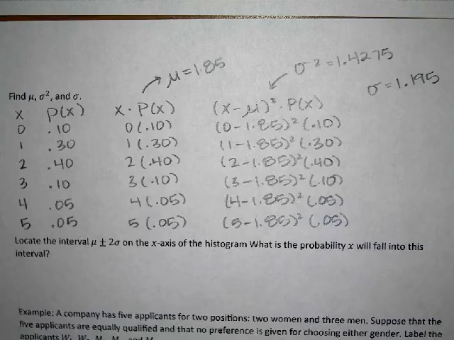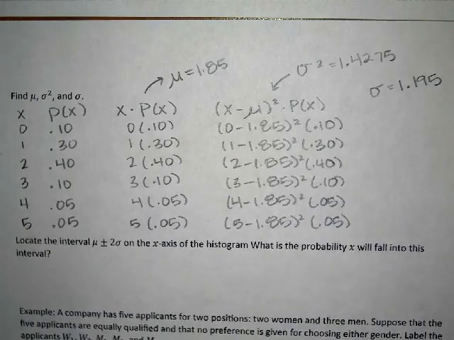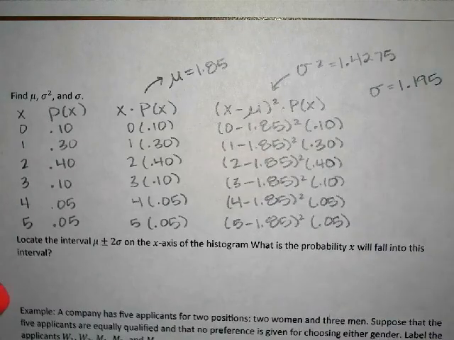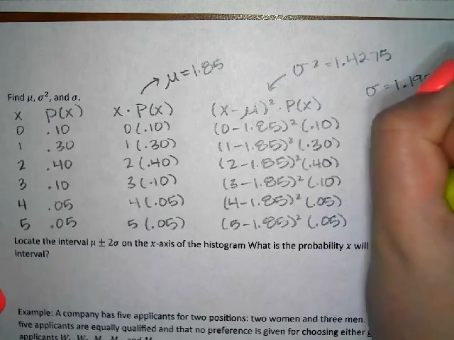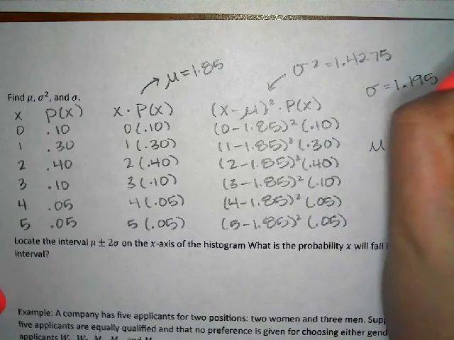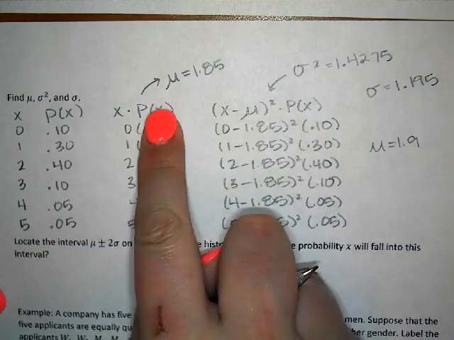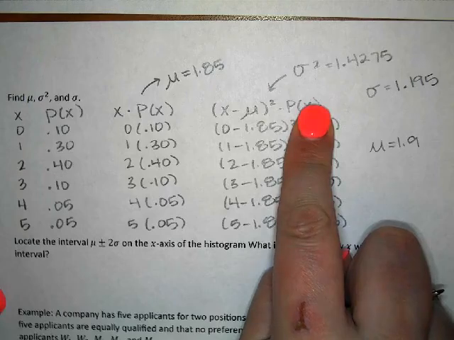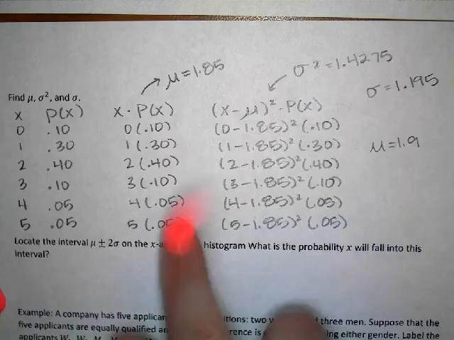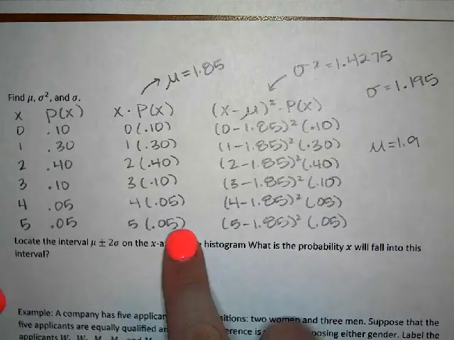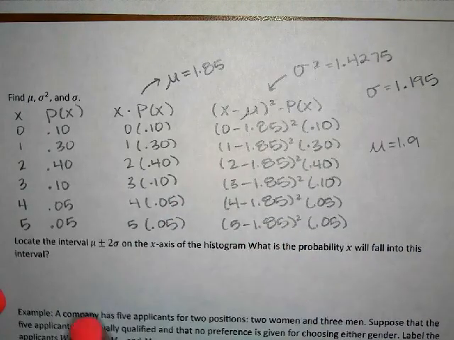And for all of these, before I say my final answers, I'm only going to use one decimal place. Because for measures of center and then measures of variation, we only do one more decimal place than the numbers that we were using from our data. So we had used 0, 1, 2, 3, 4, 5. Those were whole numbers. So I'm just going to round to one decimal place.